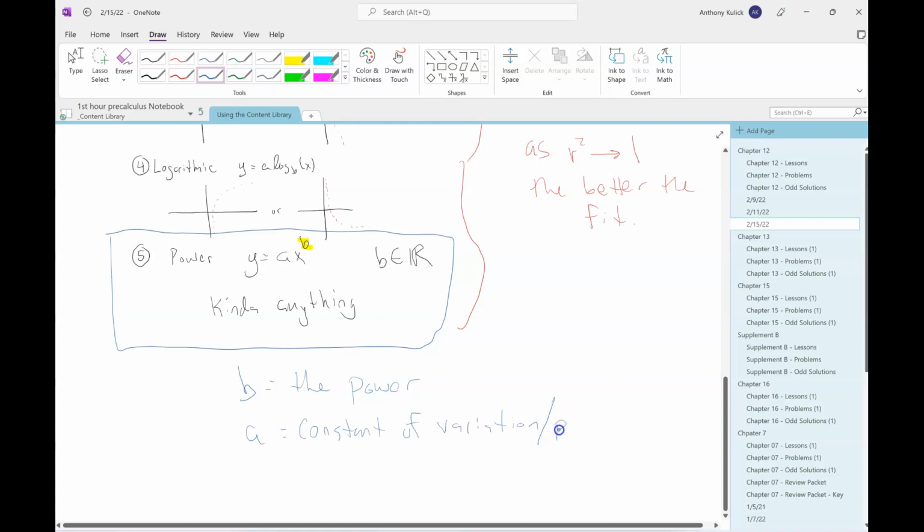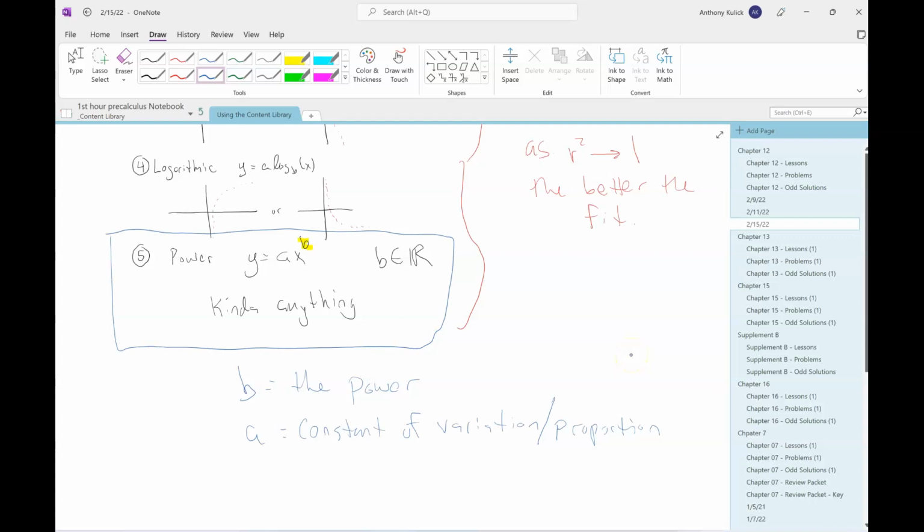Or in some texts, they might call that the constant of proportion, depending on where you're reading. I think that we use variation in our text.